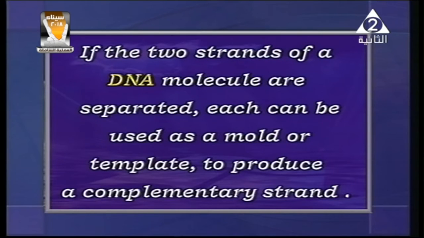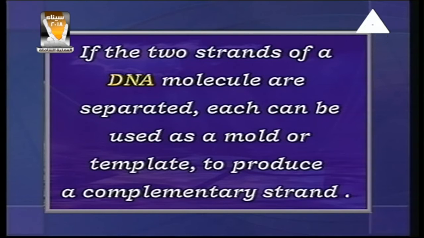If the two strands of a DNA molecule are separated, I mean, if we destroy the hydrogen bonds between the two strands, each can be used as a model or a template to produce a complementary strand.